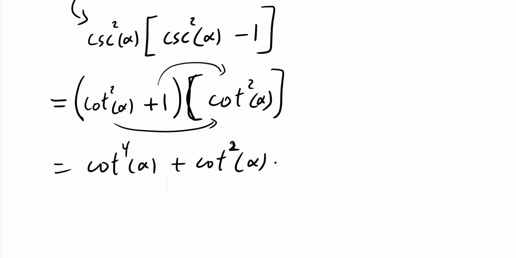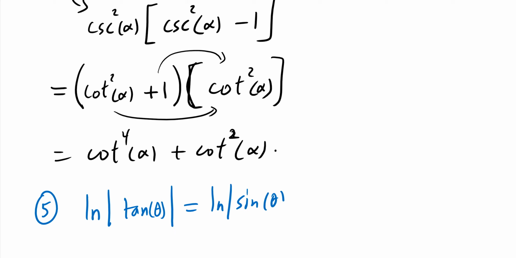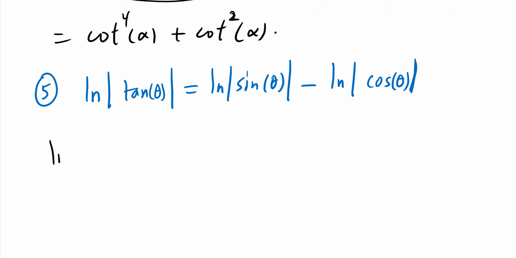So in that example, we use both factoring and expanding. What about if they ask us to prove tangent of the absolute value of theta, natural log of the absolute value of tangent theta, to equal the natural log of the absolute value of sine theta minus the natural log of the absolute value of cosine theta? How do you prove this? Well, we start with the left-hand side. Let me rewrite it first.